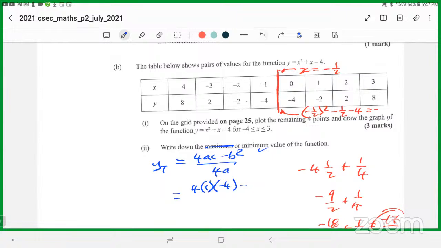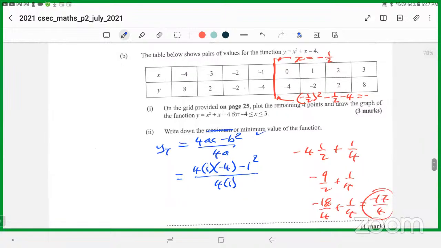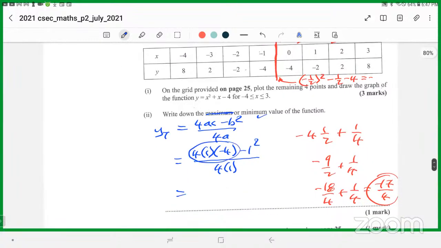Coefficient of x is 1. So you're subtracting 1 squared, over 4A. That's 4 times 1. See, you get negative 16 minus 1 over 4. So you get the same thing, negative 17 over 4. So I gave you 2 ways to do it right there by recognizing where the vertex is.